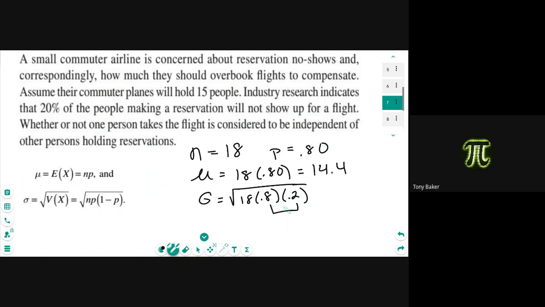Remember, what do those two numbers always have to add up to? Those numbers have to add up to 1. And I get 1.70 as my standard deviation.